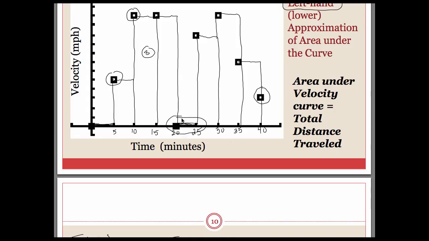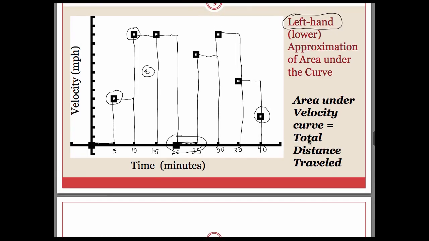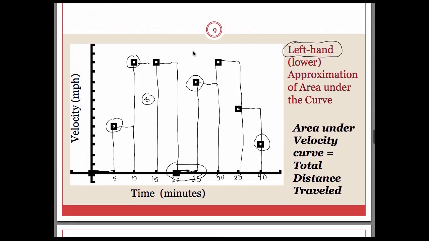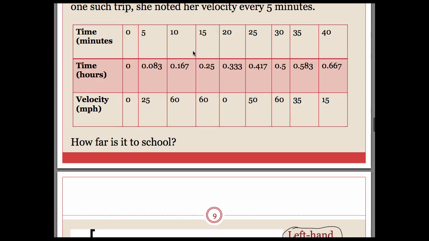We're talking this one right there. So that was your other rectangle that had the height of 0. Next one, now we're referring to this height right here. So that's corresponding to the velocity at 25 minutes. So that's 50 miles an hour.